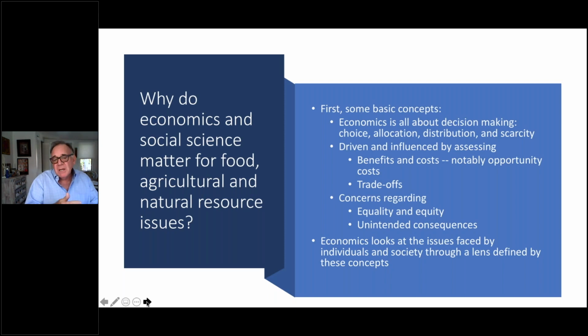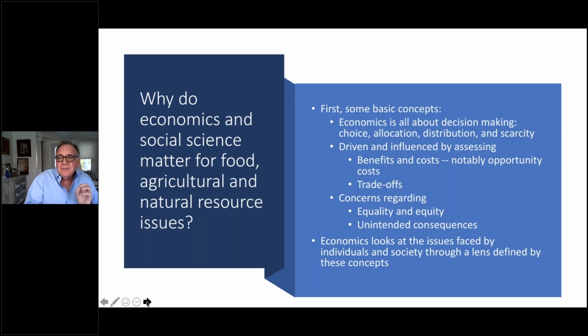It's about decision making. It's about how to assess choices, the allocation and use of resources, the impacts of those decisions on individuals and society, and the role of scarcity, which really limits the choices.